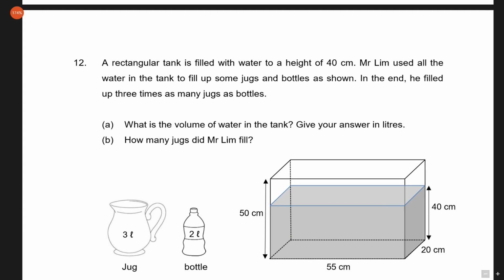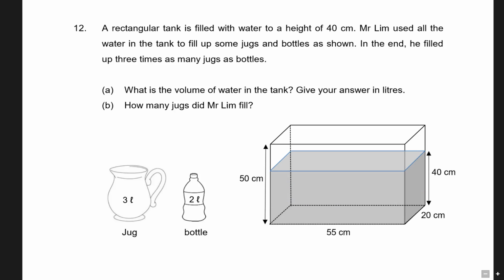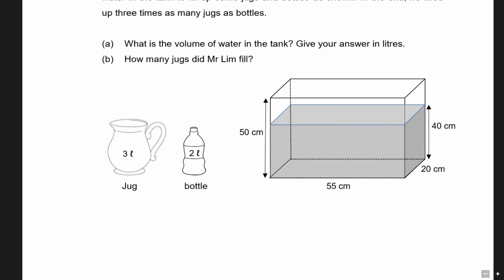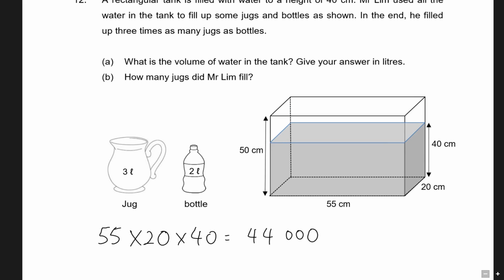Now you have a rectangular tank filled with water to a height of 40 centimeter. So at this stage, we always like to do something, right? Let's find out the volume. 55 times breadth times the height, which is 40, which gives us 44,000 cubic centimeter. Alright, now the answer is to be in liters.